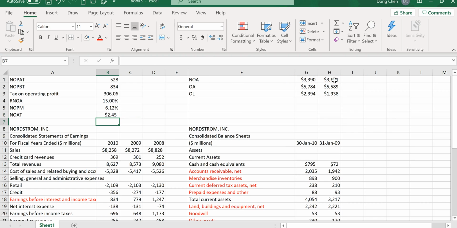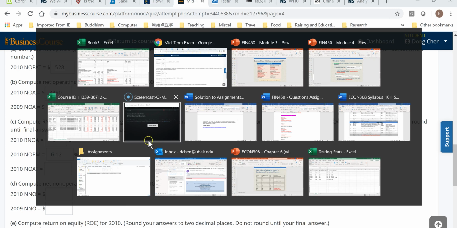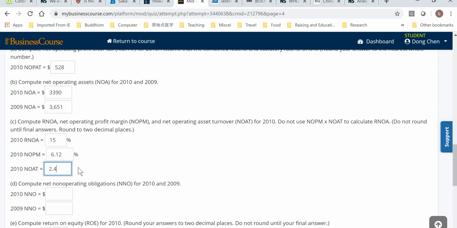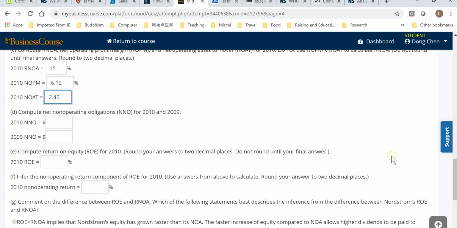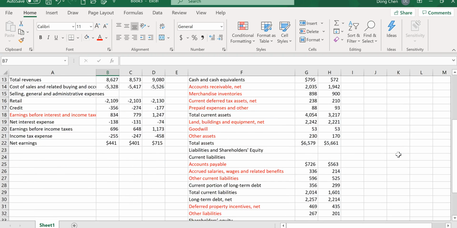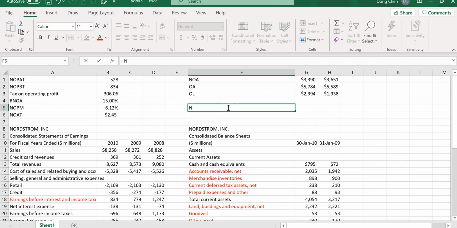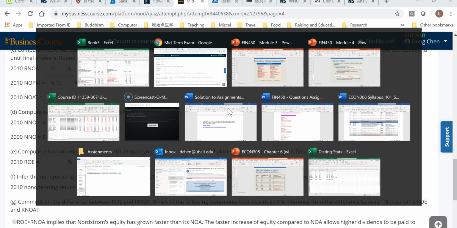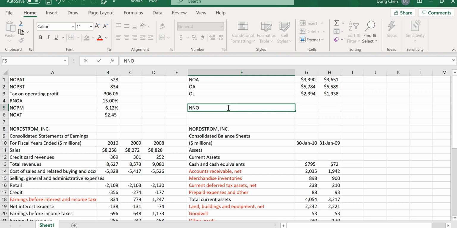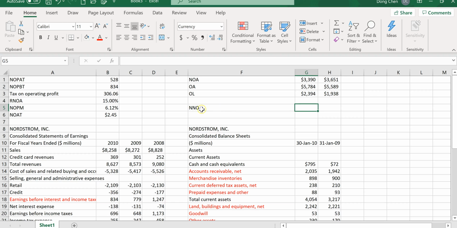So that is basically what this NOAT means. 2.45. Compute net non-operating obligation for 2010 and 2009. So non-operating obligations are defined. NNO, right?